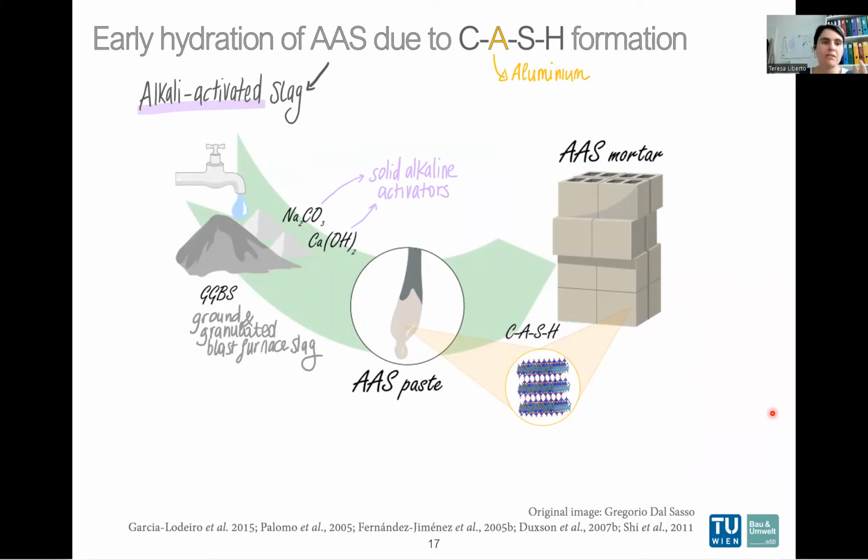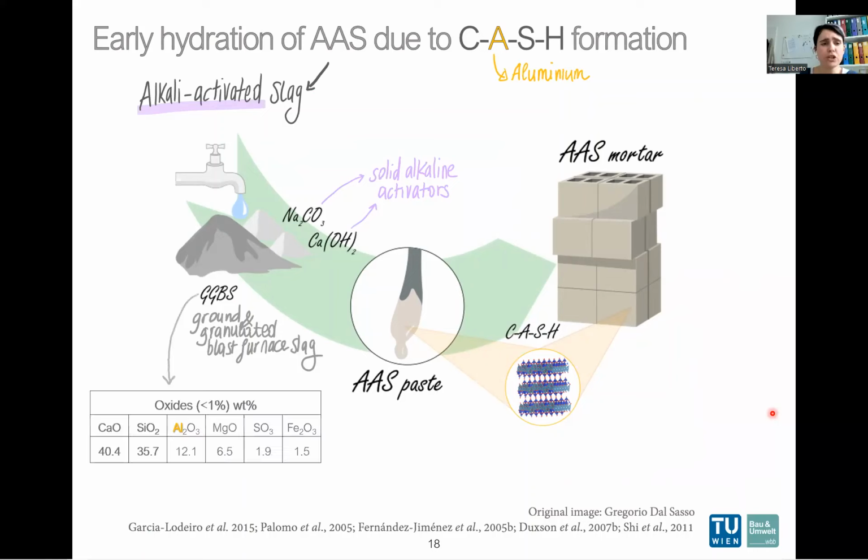In our case, we have a very good slag, the GGBS or ground granulated blast furnace slag, which has typically this composition. So you can see calcium oxide, not as high as cement but good, silicon oxide and aluminum oxide. This aluminum is responsible for CASH, as I will show you in a minute.